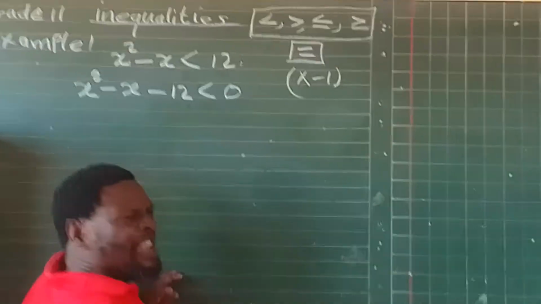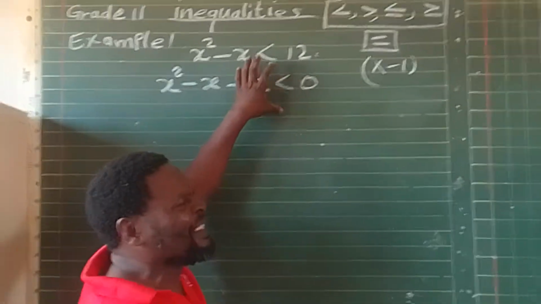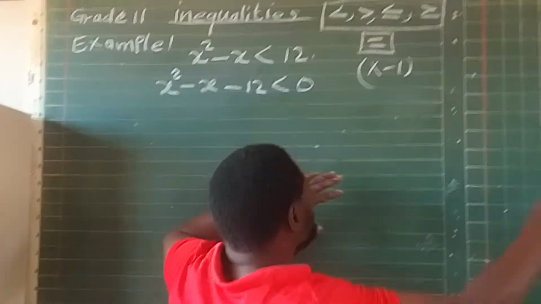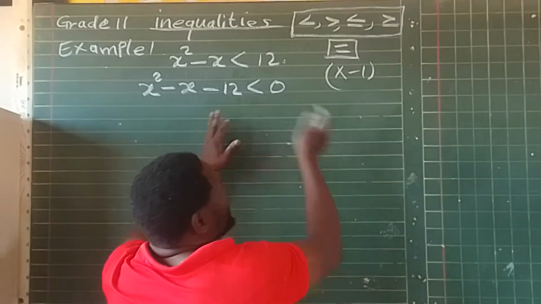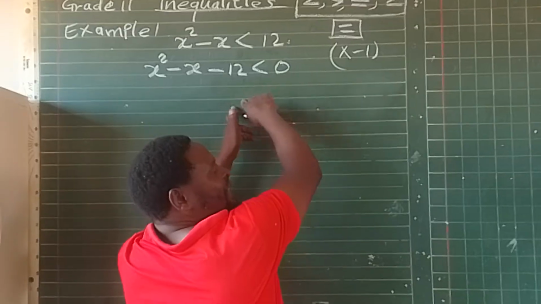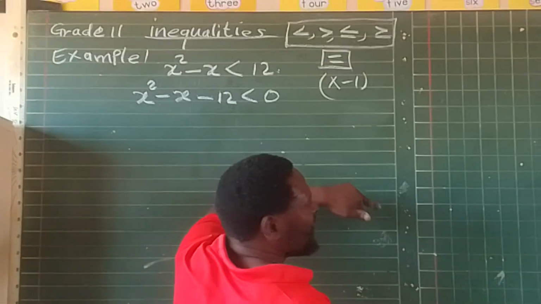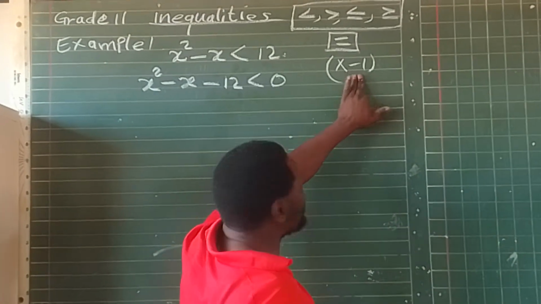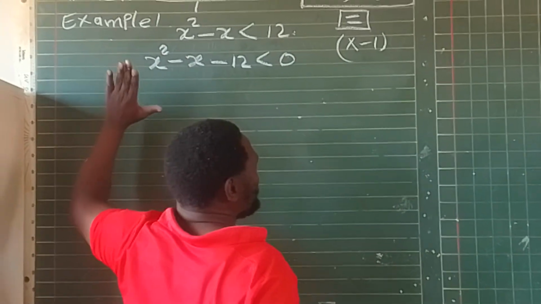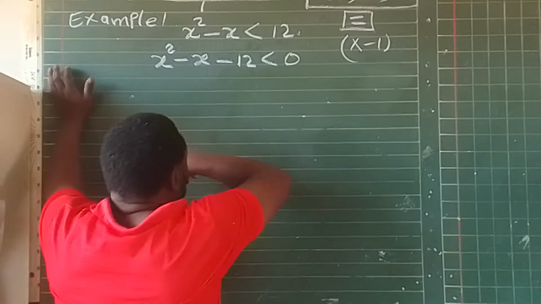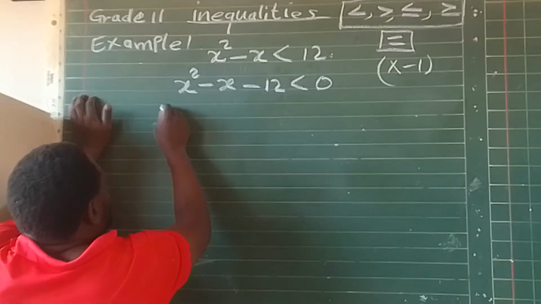When you multiply by -1, if it was facing to the right, it will face to the left. In other words, if it was less than, it becomes greater than. If it was greater than, it becomes less than when you multiply it by -1. So here we did not multiply. Remember?